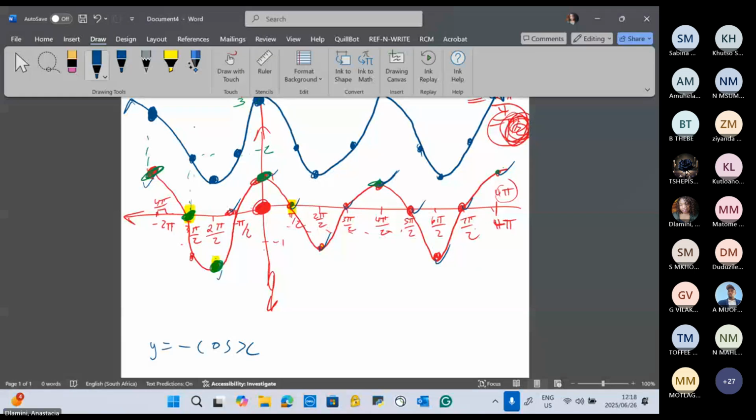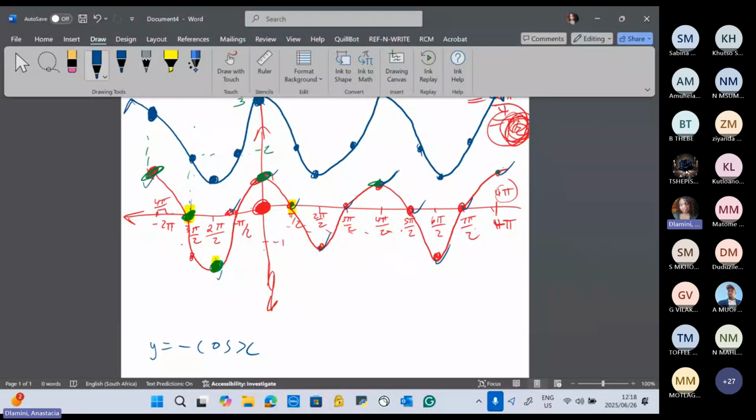Would you say maybe draw 2 periods, or draw a period from the negative side and the positive side?